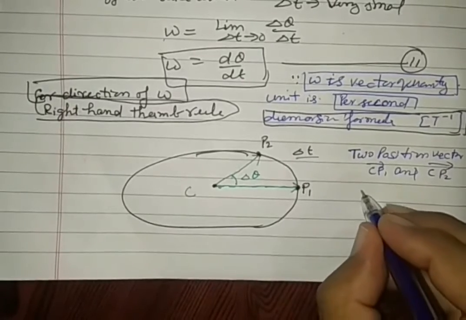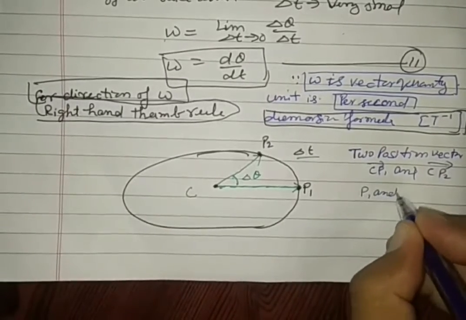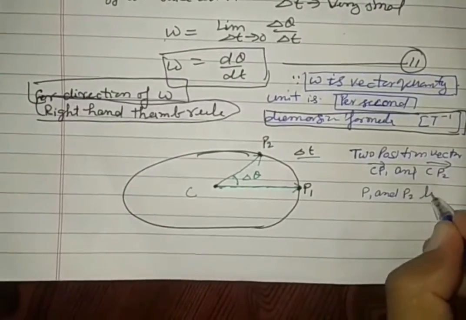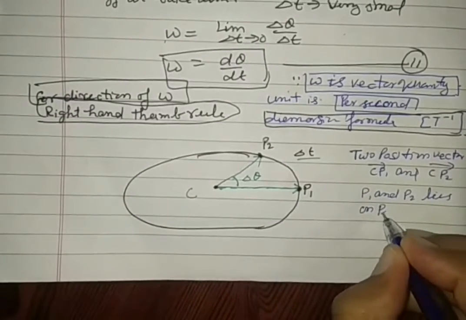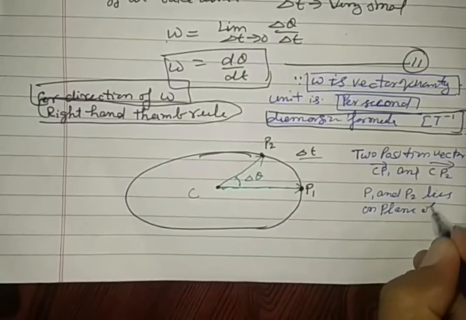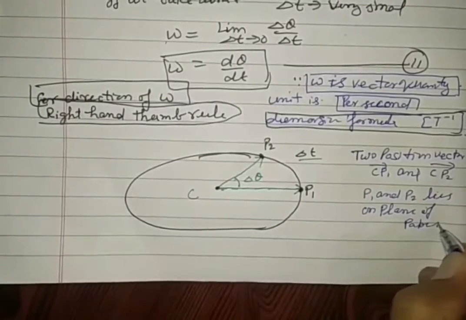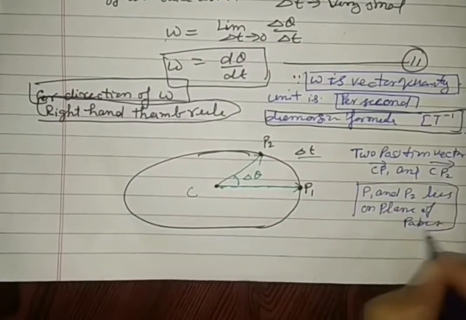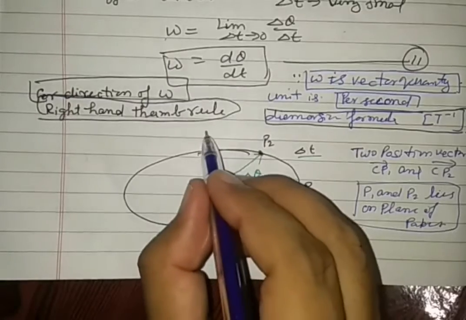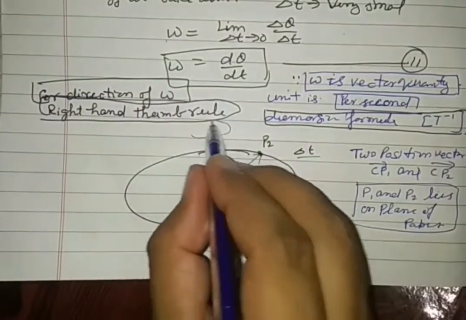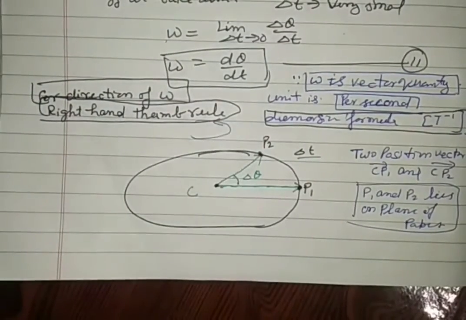So P1 and P2 lie on the plane of paper, where the particle's position vectors are. See very carefully, here in this case we have taken the particle moving in the anti-clockwise direction.